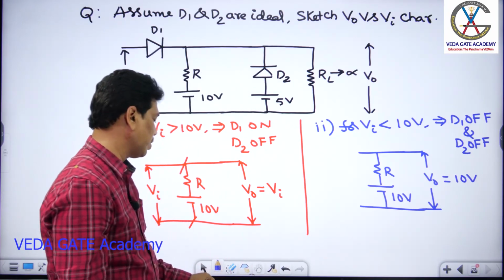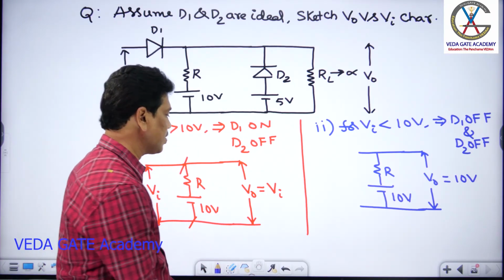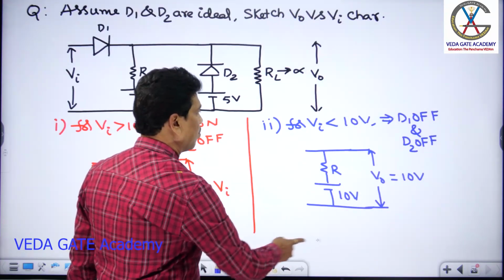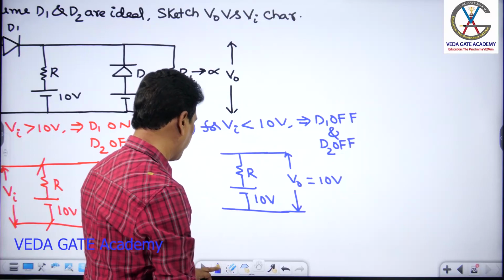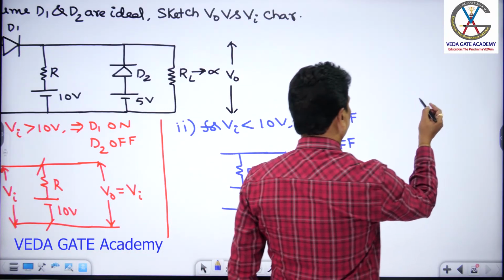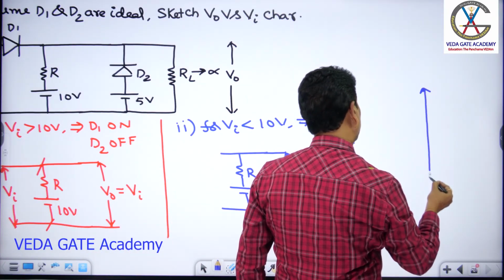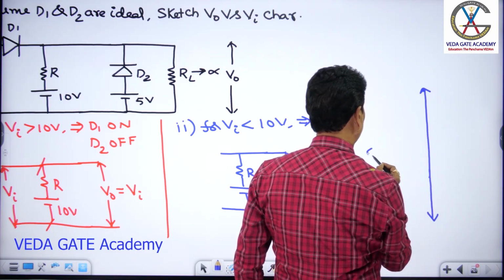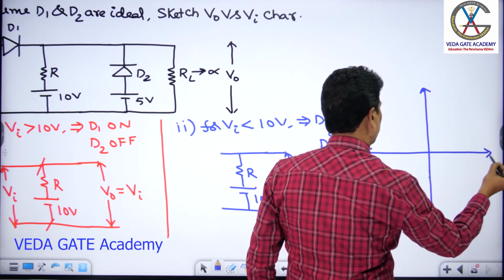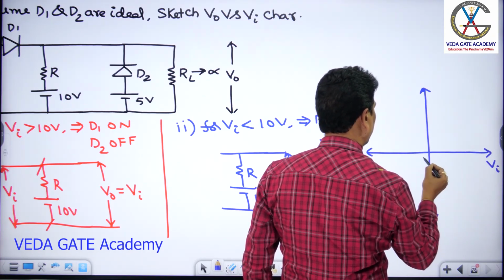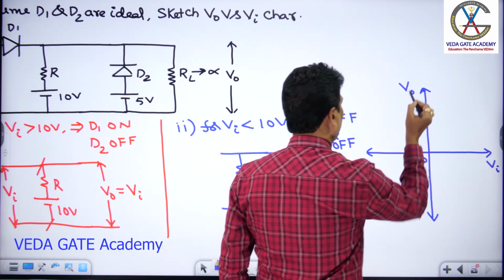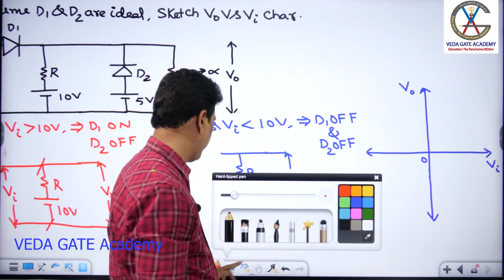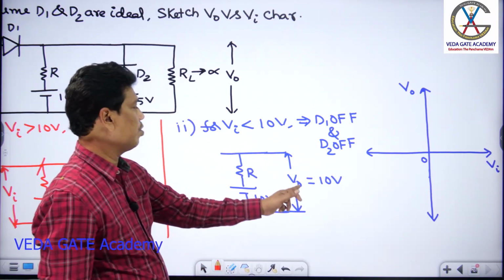Now you can draw its transfer characteristic graph, that is, the V0 versus Va graph. So this is Vi, this is V0. For Va less than 10 volt, V0 equals 10 volt.